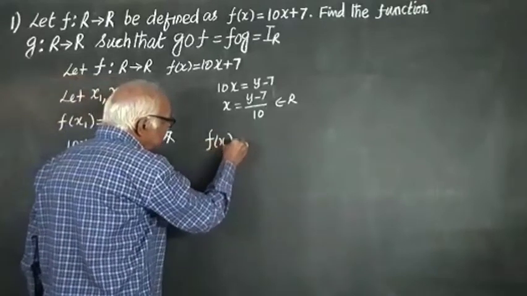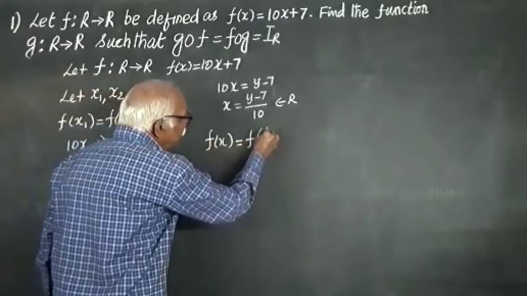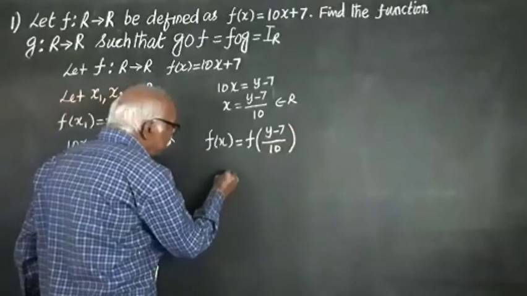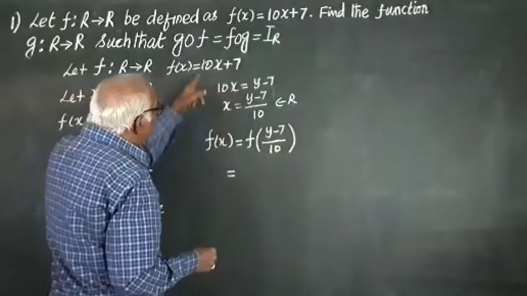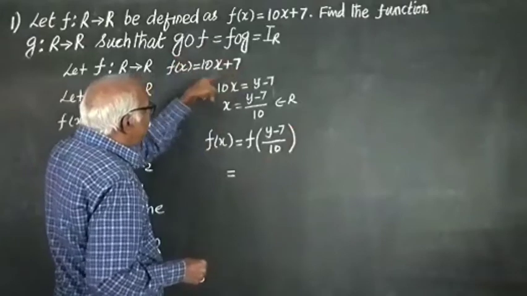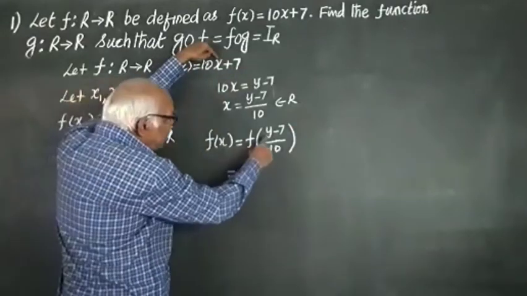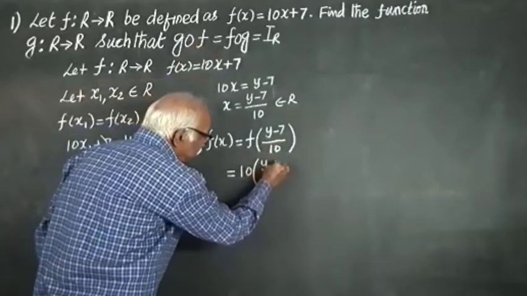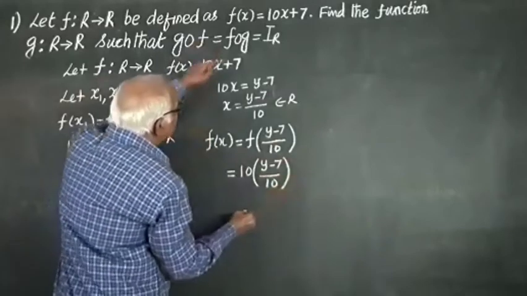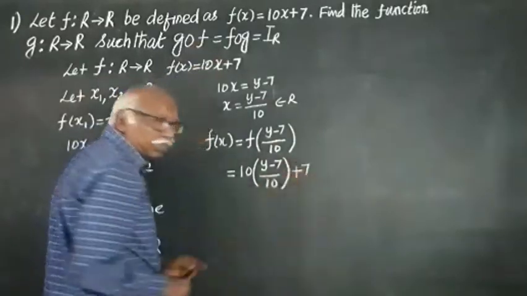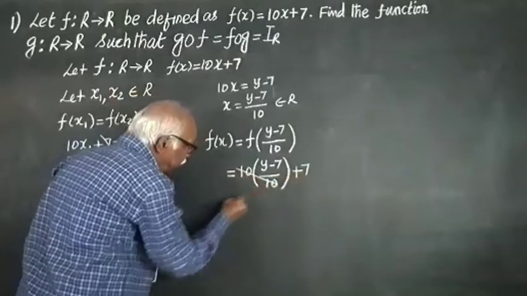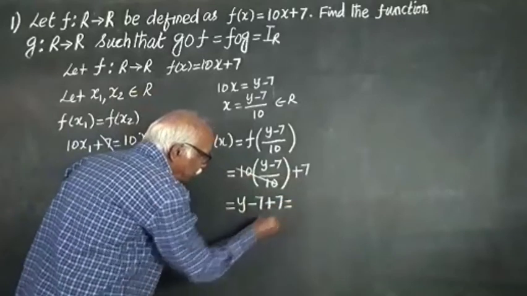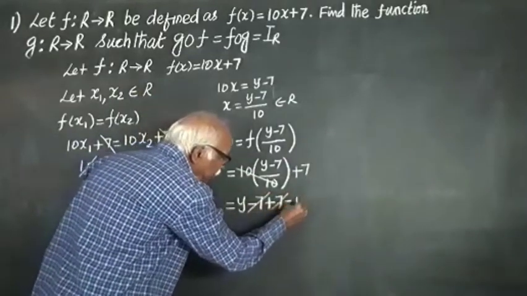f(x) = f((y - 7)/10). In our f(x) = 10x + 7, in place of x, replace (y - 7)/10. So 10 into (y - 7)/10, plus 7. This 10 cancels, so it is y - 7 + 7; the minus 7 and plus 7 cancel, which equals y.